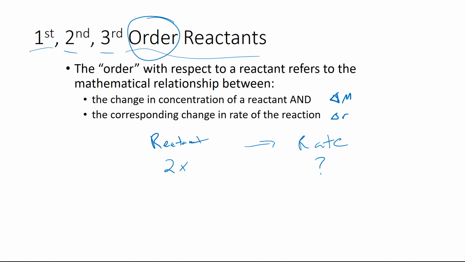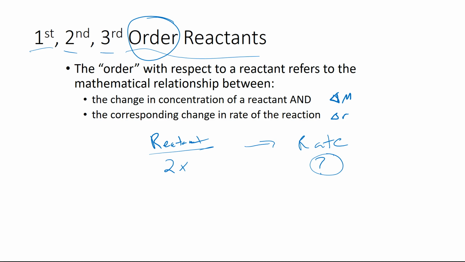So if I change my concentration of my reactant, how will that affect the rate of the overall reaction? There are some mathematical relationships I'm going to show you how to identify, and that's ultimately what the bulk of ChemQuest 43 is doing: we're working through how to look at data to identify the order of your individual reactants.